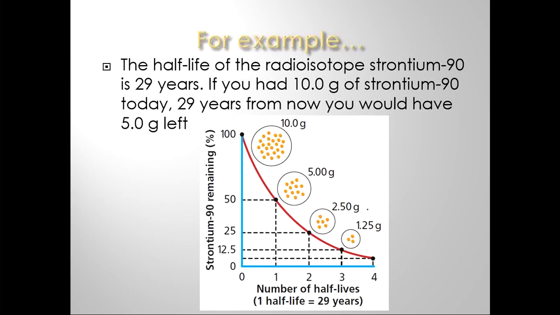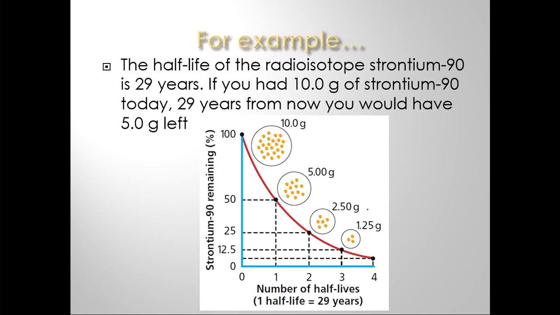That means that if right now you have 10 grams of strontium-90, 29 years from now, that 10 grams is going to get cut in half. Or it's going to decay, and now you only have half remaining. So from 10, in 29 years, you'll have 5 grams of strontium-90 remaining. 29 years after that, you'll have half of the 5, which is 2.5 grams. 29 years after that, you'll have half of that, which is 1.25 grams, and so on and so on and so on.